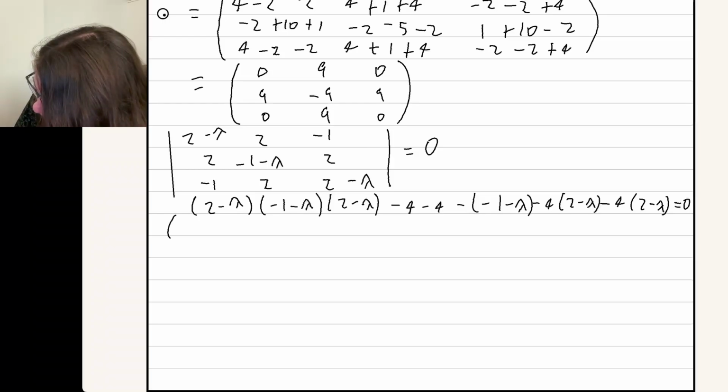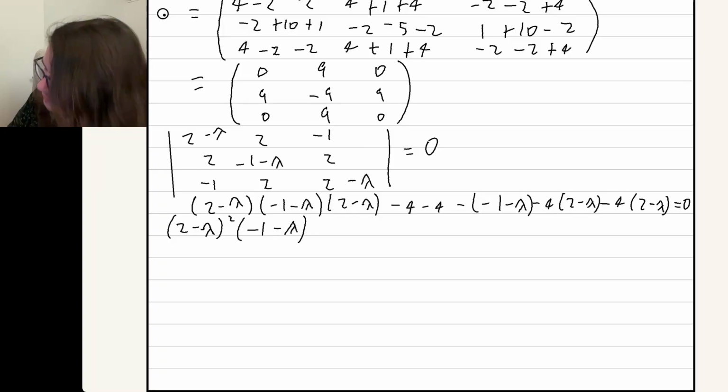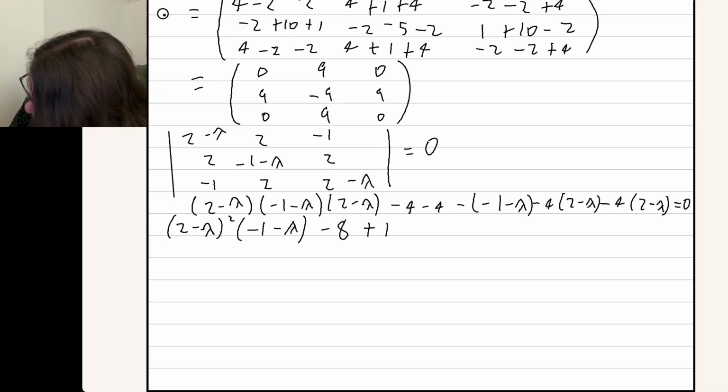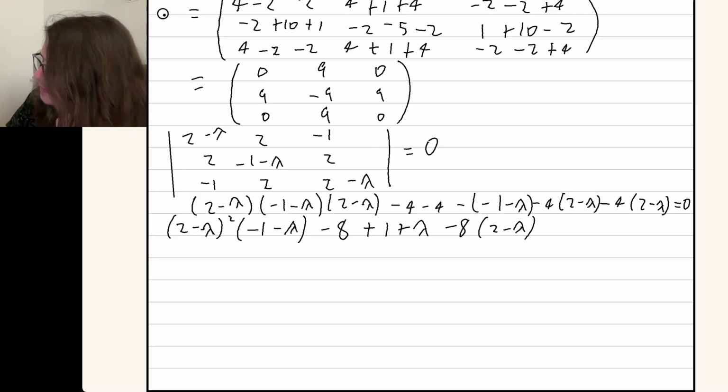So let's write it like this: 2 minus lambda all squared times minus 1 minus lambda, minus 8, that's going to turn into plus 1 plus lambda, and then we've got minus 8 times the 2 minus lambda term. Set that to 0.